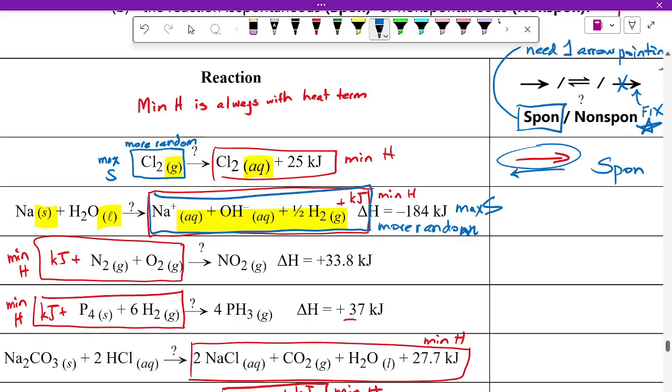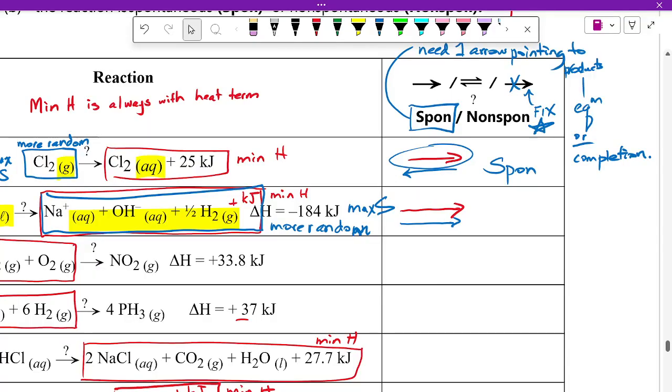That means maximum entropy is pointing towards the products, and minimum enthalpy is pointing towards the products. That means we're going to have a one-way arrow. It goes to completion. And because it's got at least one arrow pointing forwards, that is spontaneous.